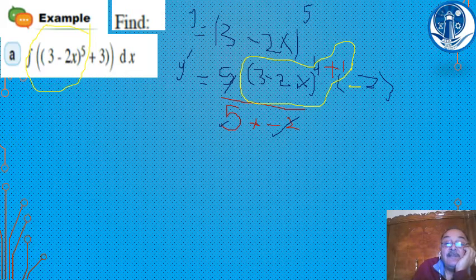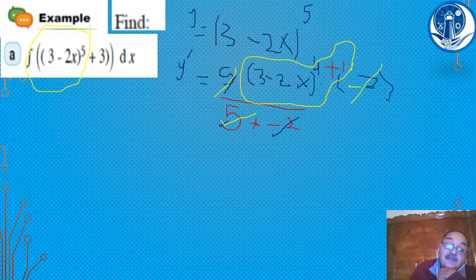To come back, we have to divide by the power and divide by the derivative inside the bracket. Negative 2 with negative 2, 5 with 5, it will be the original one. This is the function, the antiderivative.